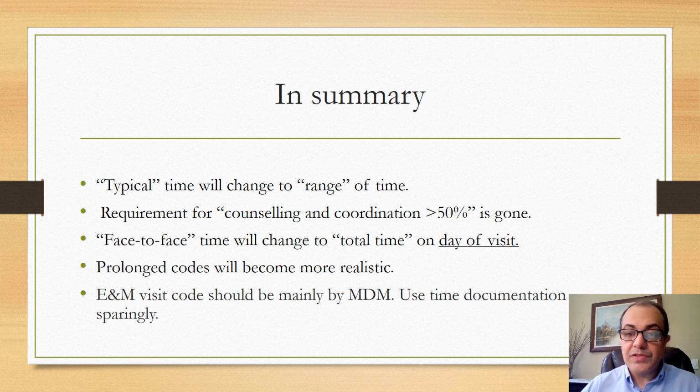You will need to use it when the MDM does not give you enough level of visit for a code. Let's say, for example, you spend a lot of time counseling the patient, answering questions. They bring you a lot of questions from Google or the internet that they want you to answer, and you spend a lot of time answering.